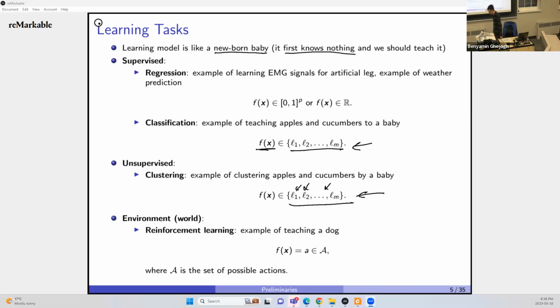And then I will say, for different EMG signals, what is the angle of the knee of that person? I will have a lookup table. Then I will learn these by a machine learning model. I will apply it to my artificial leg, and it will find out, based on my EMG signals, what the angle should be.